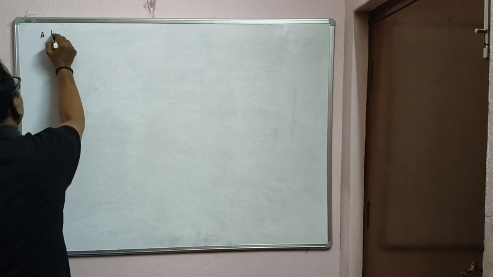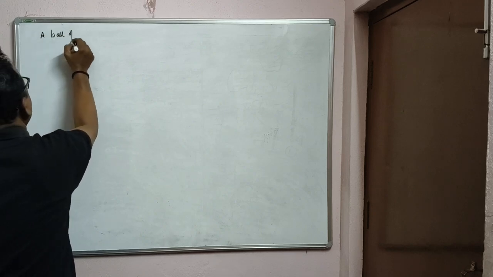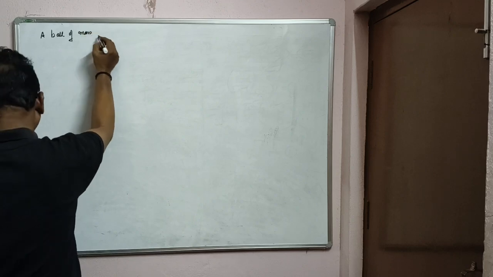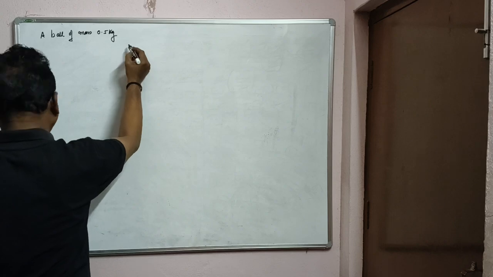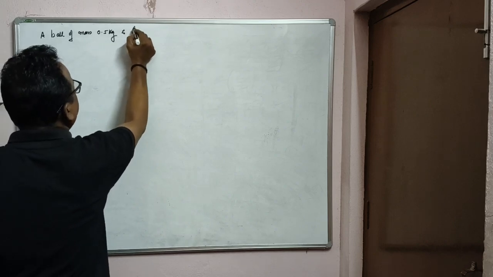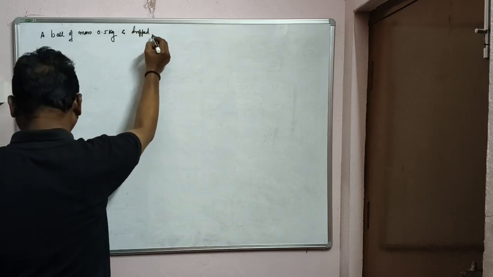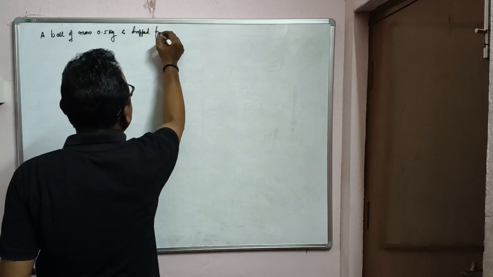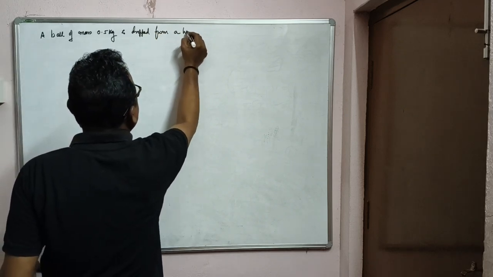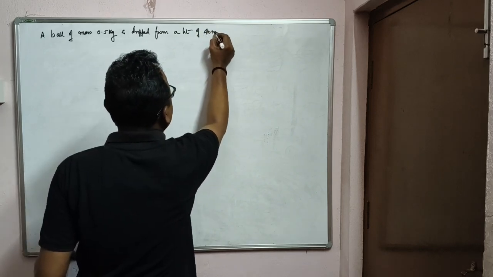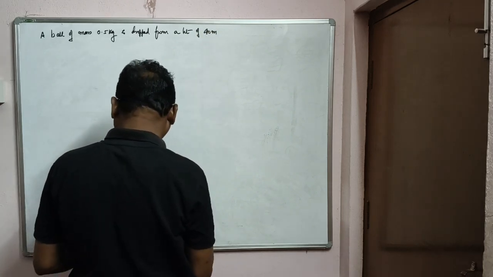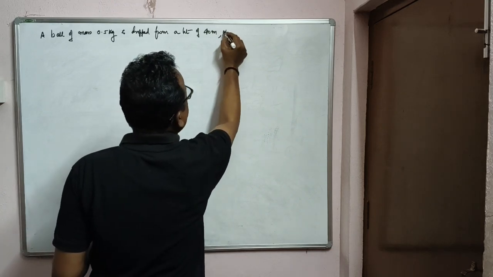A ball of mass 0.5 kg is dropped from a height of 40 meters.